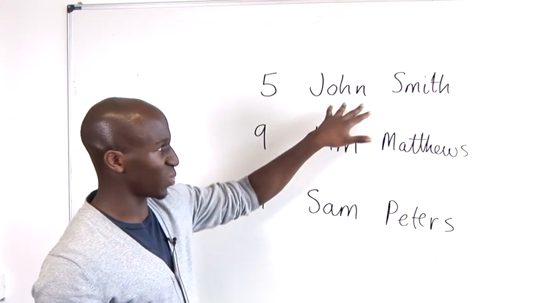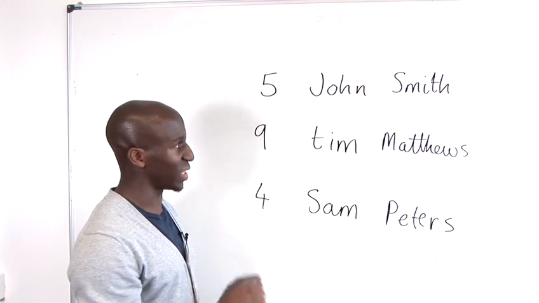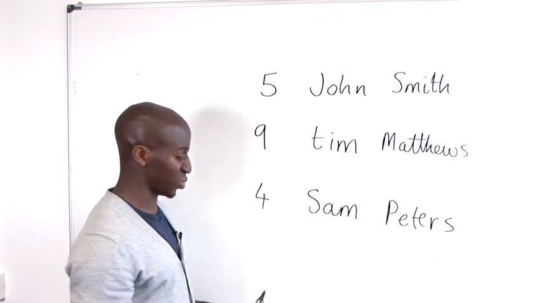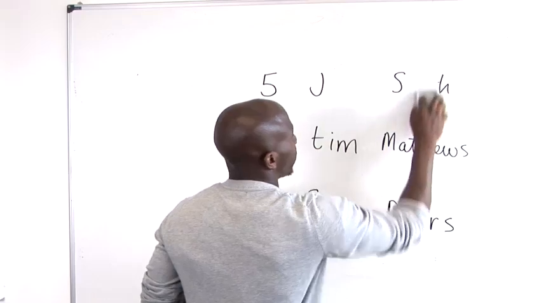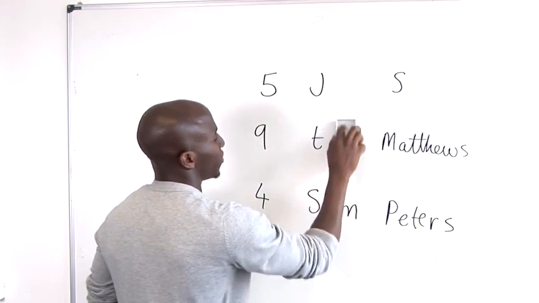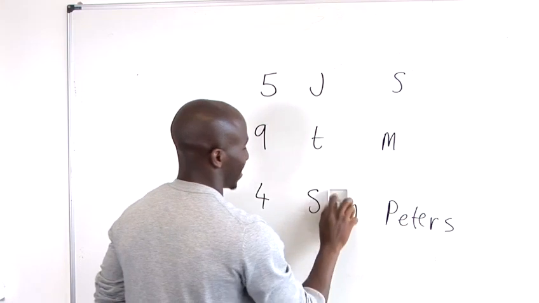That's what we're going to do with these names, just shorten them. And the easiest thing to do when doing that is to shorten them to their initials. So we've got JS, we've got TM, and we've got SM.